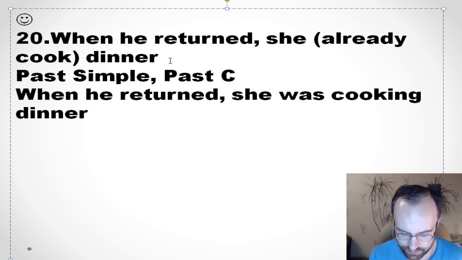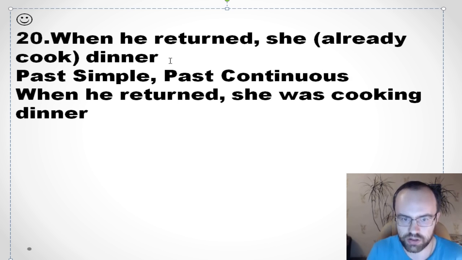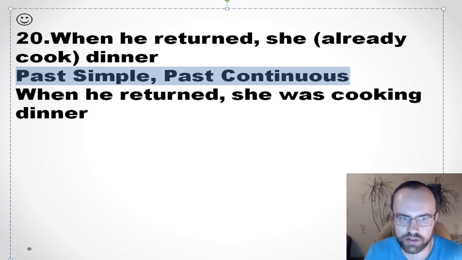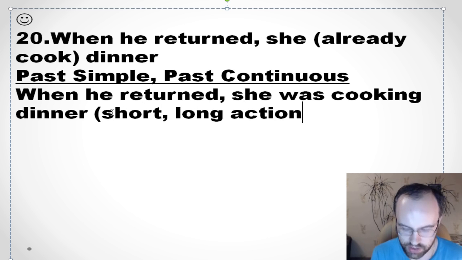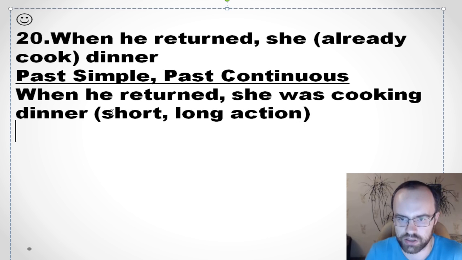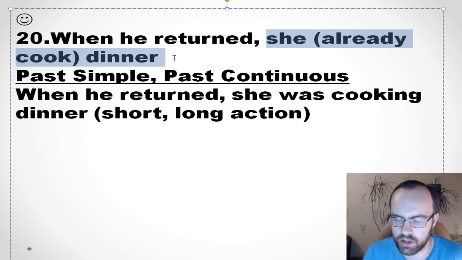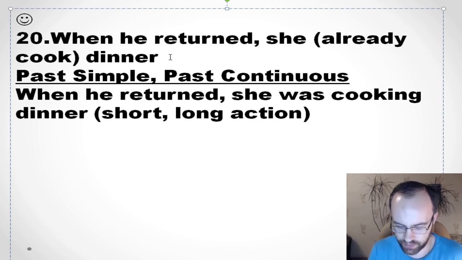It's past continuous. Look, past simple, past continuous. So short and long action. We talked about it. It's one situation. Yes, it's one situation. If the second action happened earlier, you need to use past perfect.